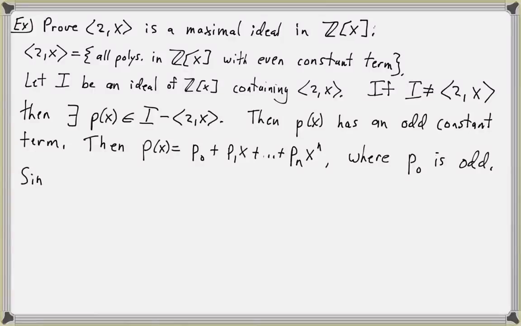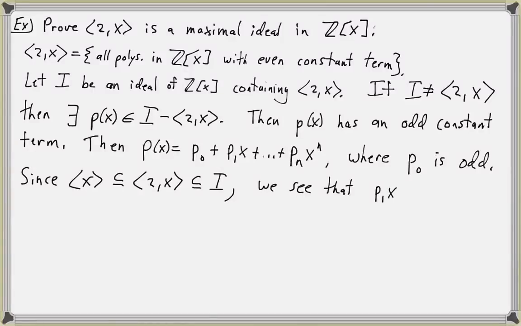So we see that since the ideal generated by x is contained in the ideal generated by 2 and x, which is also in I, the polynomial p of x, if I take off all but the constant term, is going to be an element of I. So we see that p1x plus p2x squared up to pn x to the n, this polynomial, is in the ideal I.